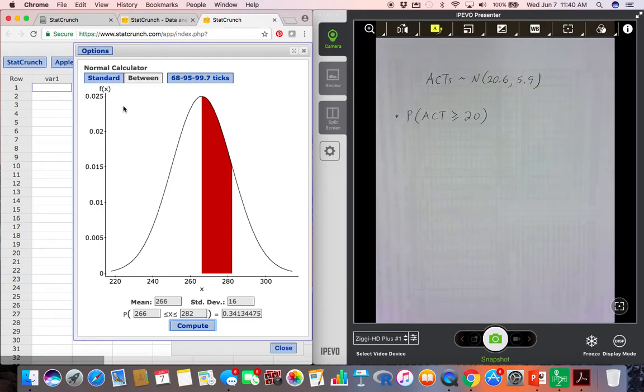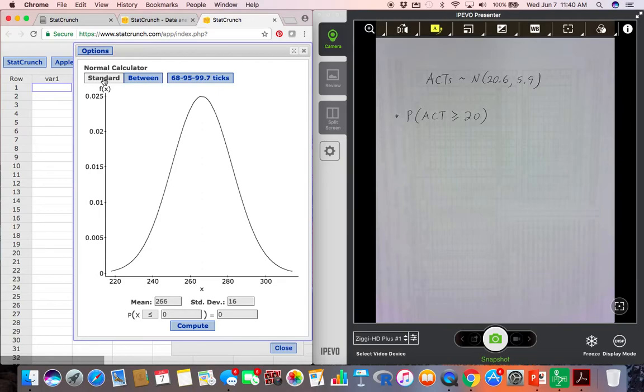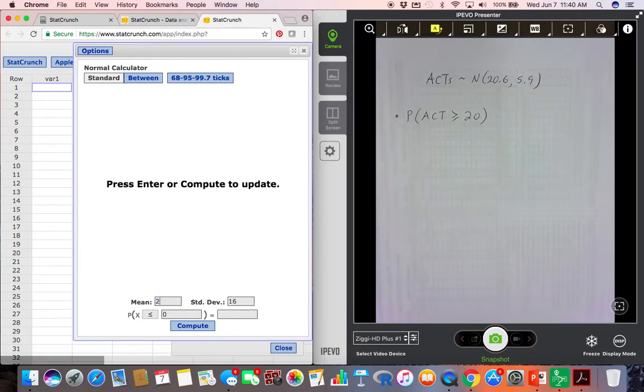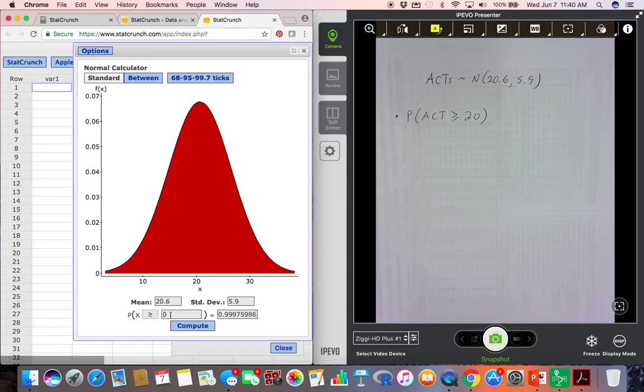But with technology, we'll go over and we'll choose the standard. We'll put in the mean of 20.6. We'll put in the standard deviation of 5.9. Now, less than or greater than, we need greater than, so we need to choose that. We want greater than 20.